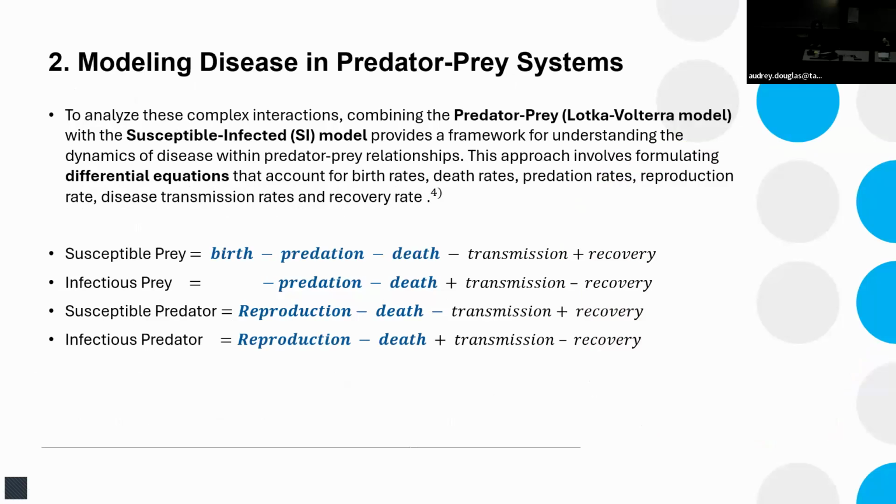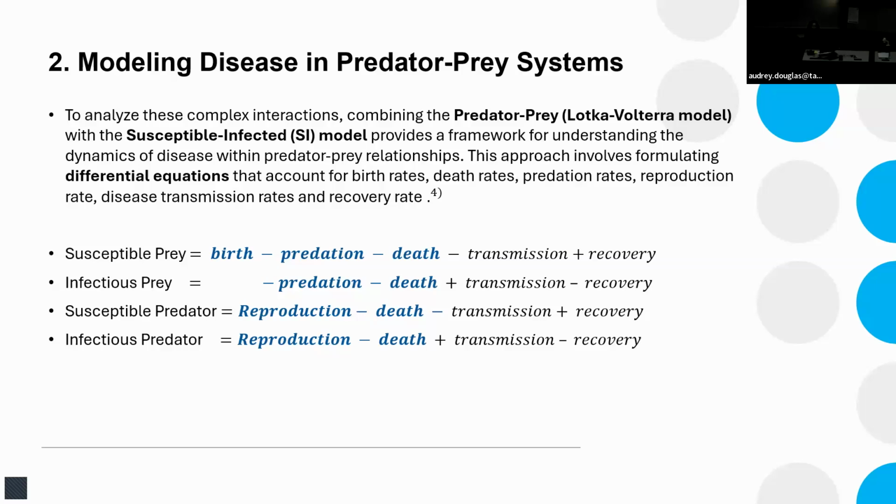And then I combine 2 models. One is the Lotka-Volterra model. It is very famous for describing population dynamics. And the other one is the SI model, which is one of the epidemic models. So I have 4 differential equations.